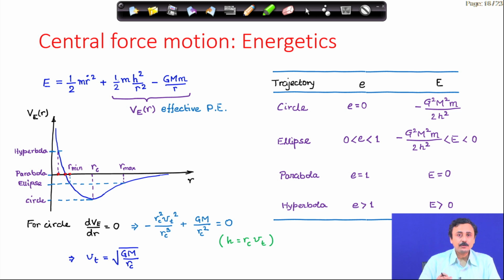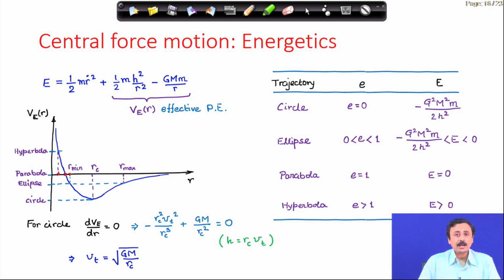For the elliptic path, if you now slightly increase the energy, but still the energy is negative, then you have two intersections with the potential energy curve, and those two intersections correspond to R min and R max, which for the elliptic path are the perigee at R min and the apogee at R max. In the case of something rotating around the sun, the perihelion is the closest point of the trajectory from the sun, and the aphelion is the farthest.